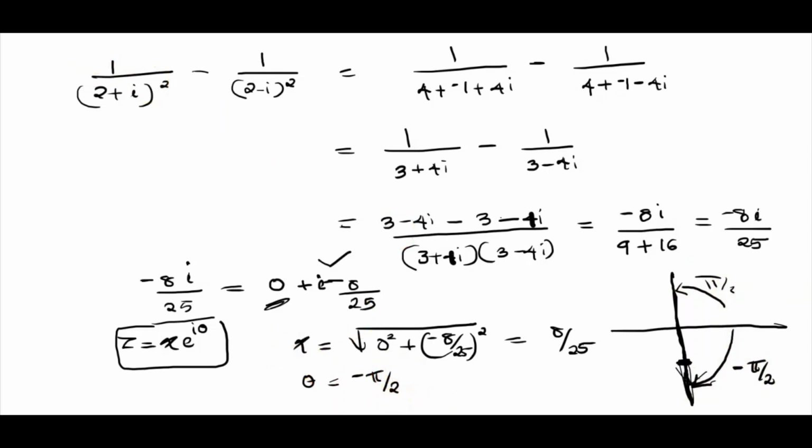So we can write z, which is minus 8i by 25, equal to r, where r is 8 by 25, e raised to i theta, theta is minus pi by 2.